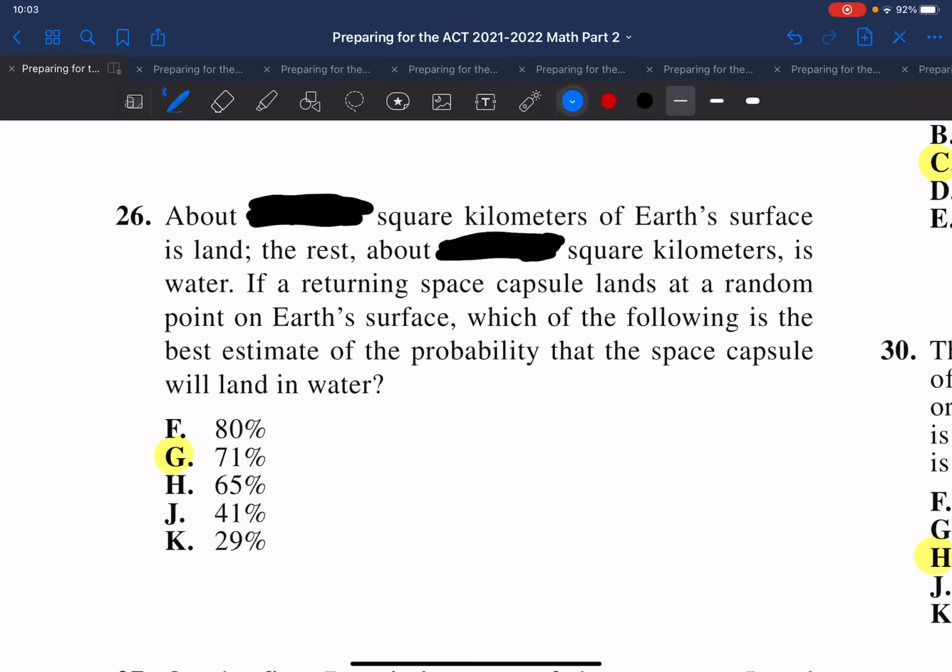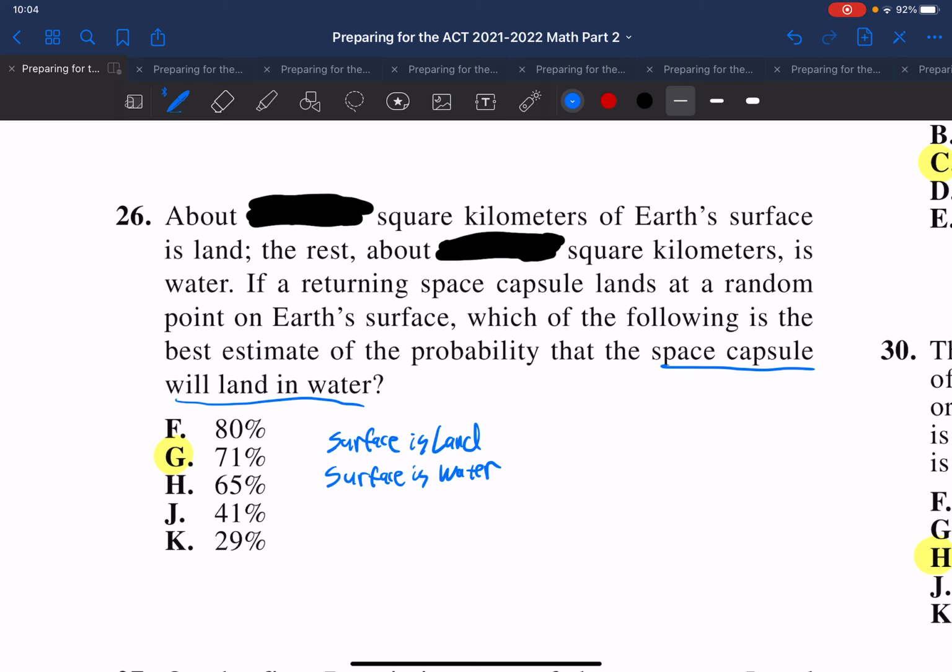So what do we want? We want the space capsule to land in water. Now we have two pieces of information that we've covered up: the amount of surface that is land and the amount of surface that is water.